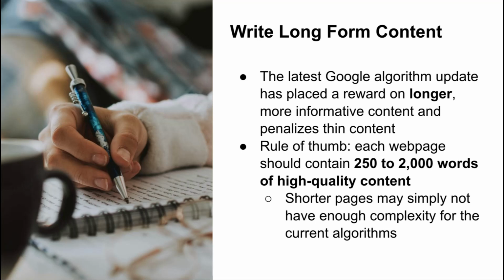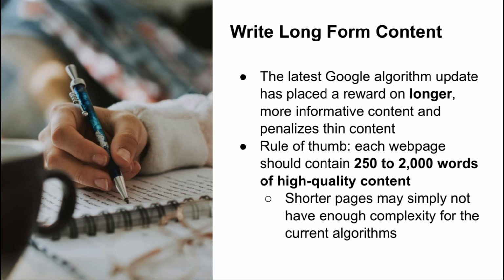A rule of thumb when you're creating a web page internally on your website, or perhaps for your blog, is to consider writing articles of 250 to 2,000 words. Also, think about how that content can be informative, authoritative, and essentially be of high quality.